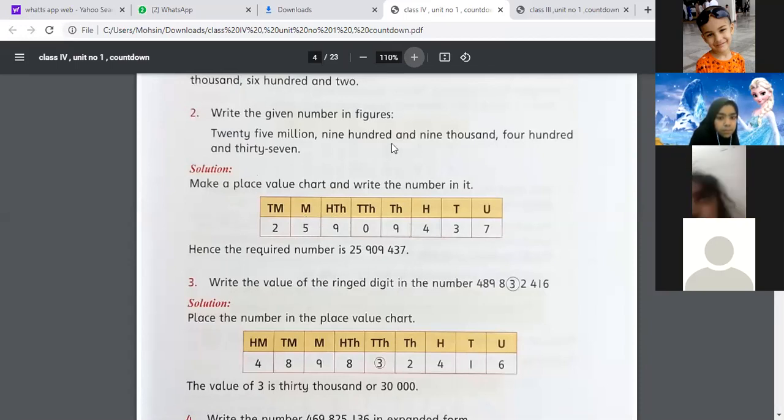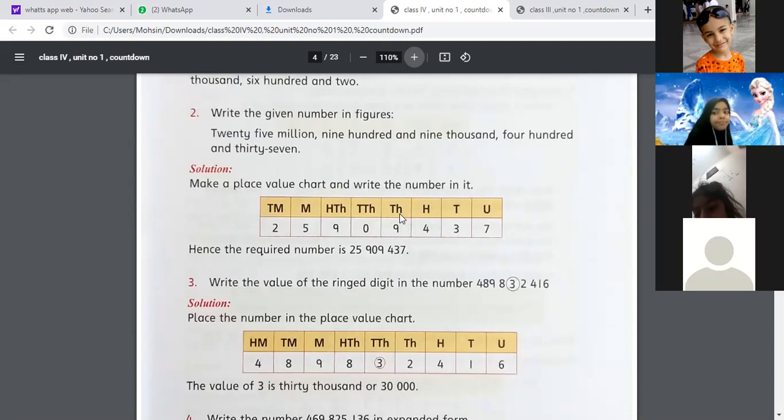Next one is 909,000. 909,000. 437. You can see I write 7 under unit and 30 under tens. We write 3 under tens and 400, we write 4 under 100.